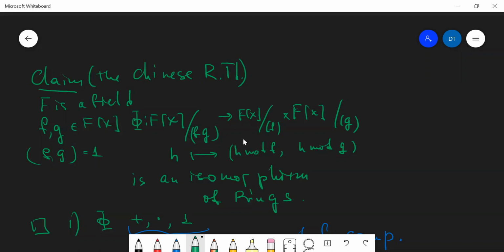And this is a direct analogy of the remainder ring for integers. And this is the extension of the Chinese remainder theorem for integers to the case of polynomials. And it's used in exactly the same manner as we did it in the case of integers.